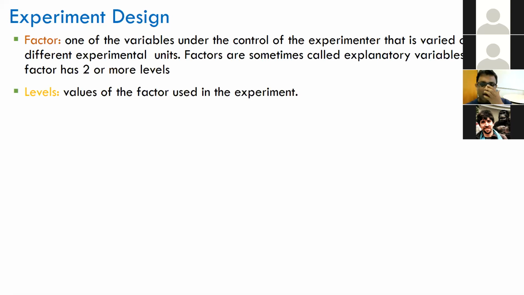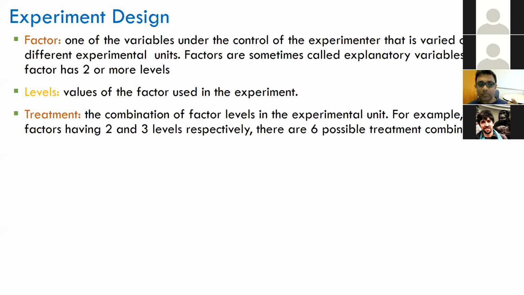So each factor uses different levels. Then treatment is another term that everyone uses. So what's a treatment? A treatment is the combination of levels applied to each experimental unit.